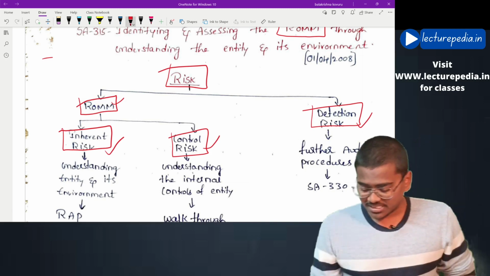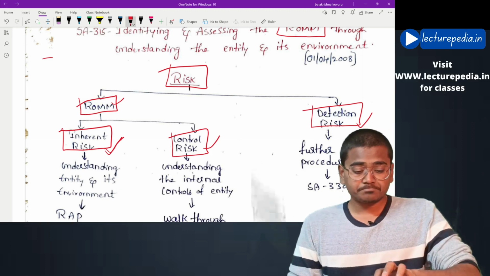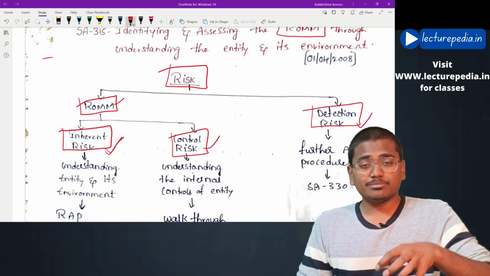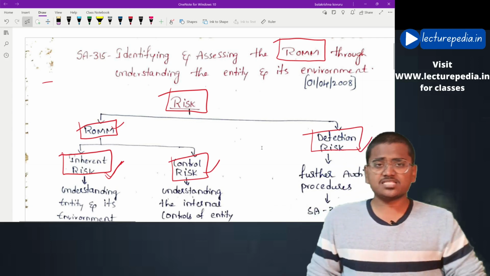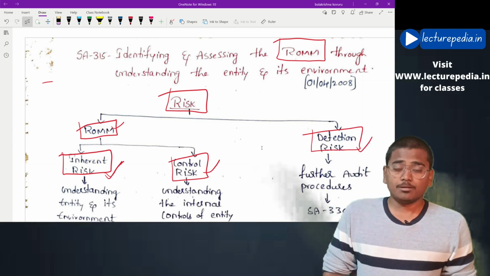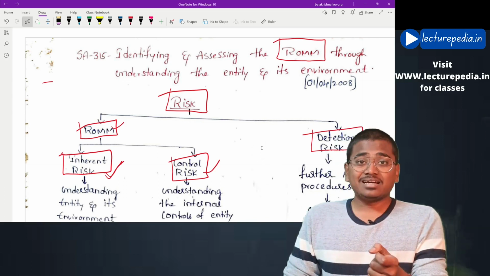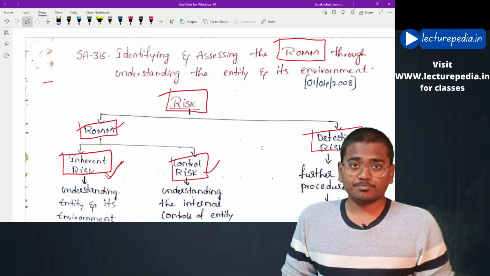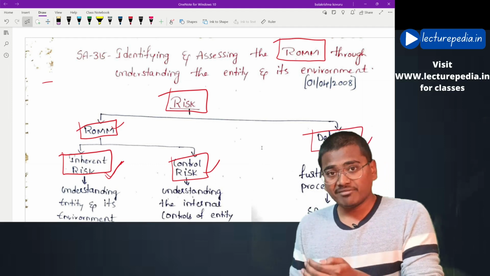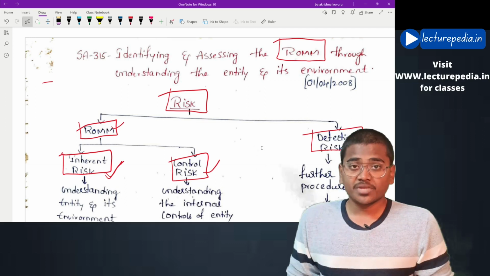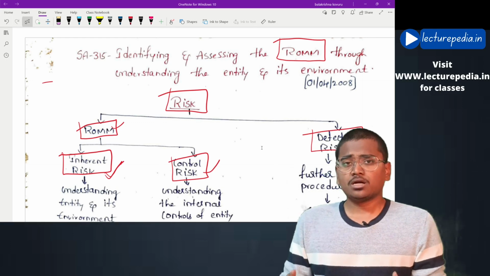Now, what is meant by this inherent risk? Inherent risk means the risk that material misstatements will occur in the entity provided there are no internal controls. Let's say, for example, banks primarily deal with cash. Now in banks the inherent risk is theft of cash. Now, in order to prevent or detect this inherent risk, the bank might establish some controls in the form of, let's say, some cameras.